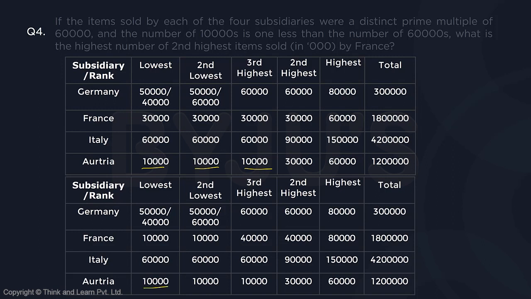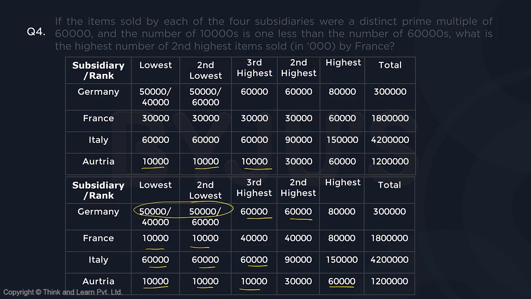Second case, 1, 2, 3, 4, 5. Only 5. Right. And if the number of 10,000s is 5, the number of 60,000s must be 6. So 1, 2, 3, 4, 5, 6. That means we should take this case, right?